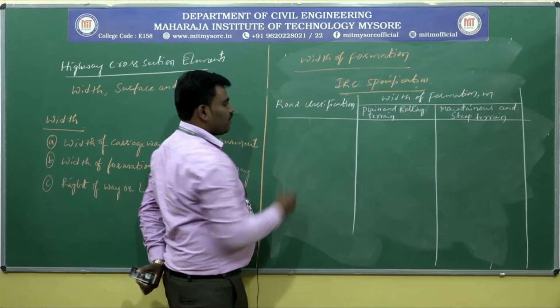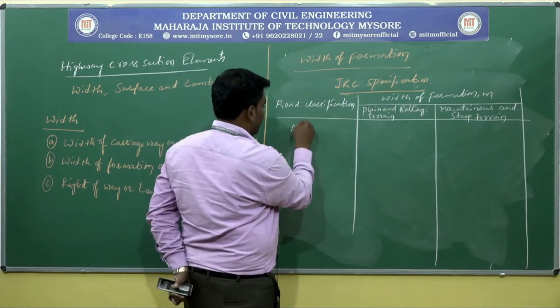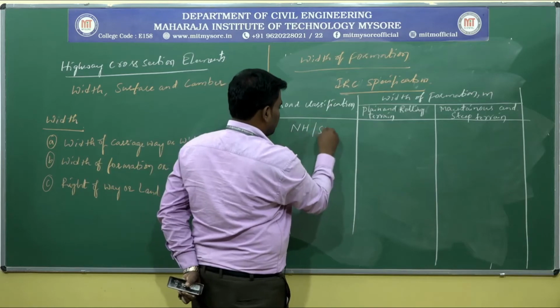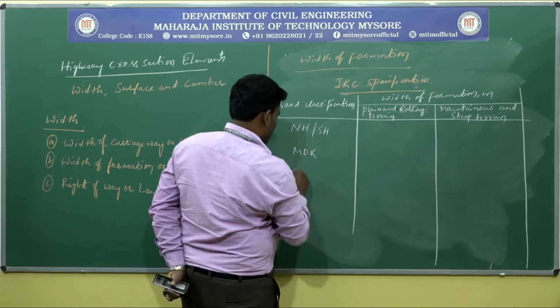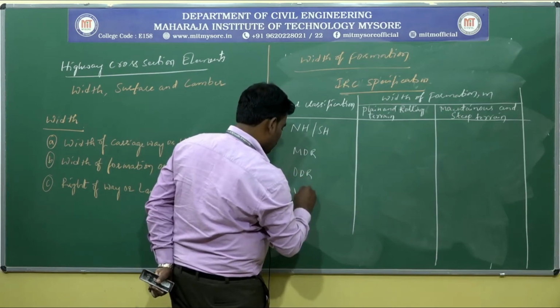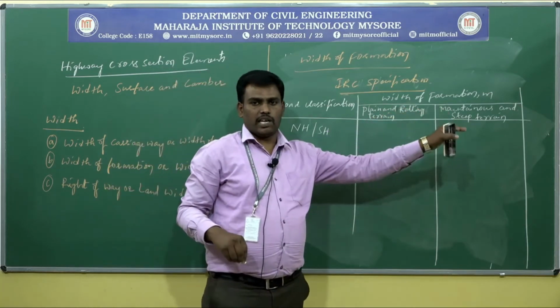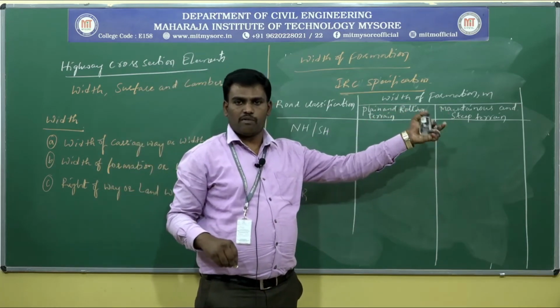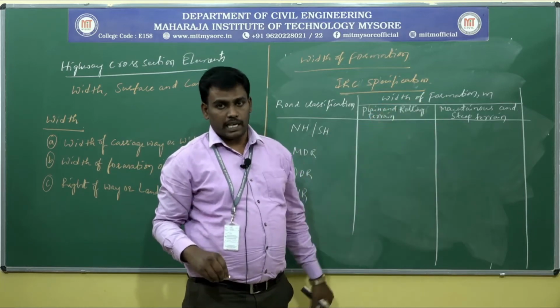In the road classification, you know the classes of roads: national highway and state highway, NH and SH, major district road, that is MDR, other district road, that is ODR, and village road, that is VR. And we know the terrain classification is based on the cross slope of the country. There are four types of terrain: plain, rolling, mountainous, and steep terrain.